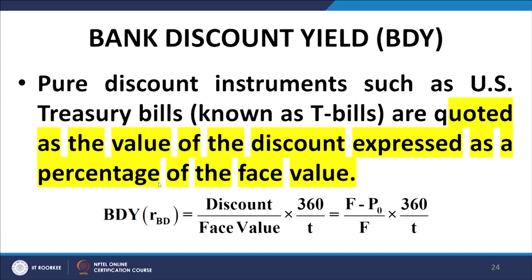Almost all measures of yield, all measures of return use the investment price, investment value as the normalizer for calculating the return when we want to work out the return per unit of money. So, we divide it by the initial investment to arrive at the return per unit of money. Here the division is done with respect to the face value. So, the value of the discount is expressed as a percentage of face value, not as a percentage of the initial investment.